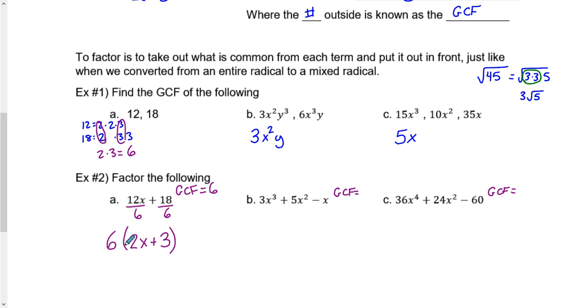If I were to, by chance, expand to check, this is our final answer. This is what we want. But to check, 6 times 2x is 12x. 6 times 3 is 18. We get right back to the same step. So expanding and factoring are actually opposite processes.